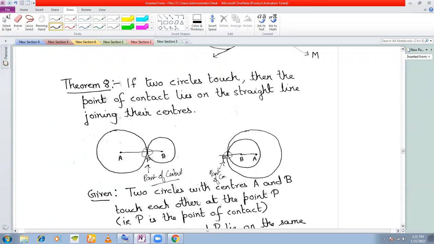It cannot skip the point of contact. So you can say A, P and B must be on the same straight line.